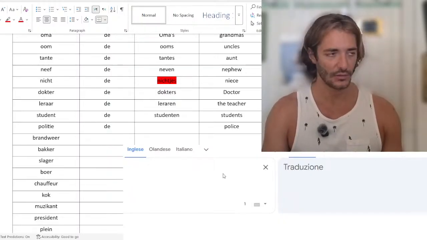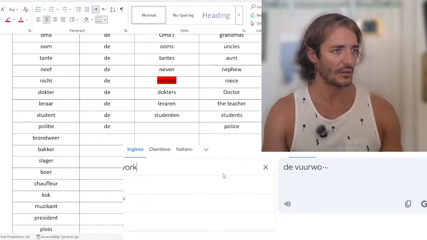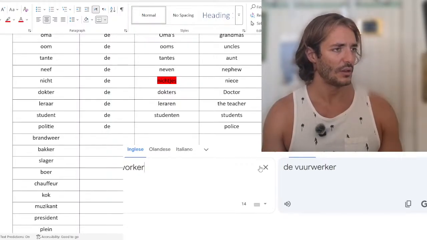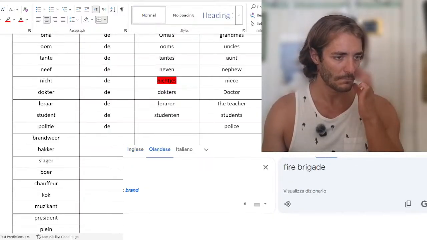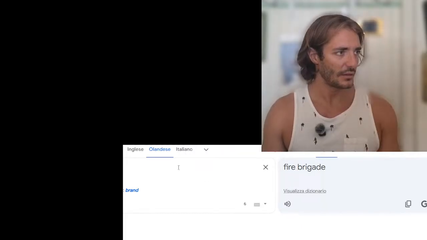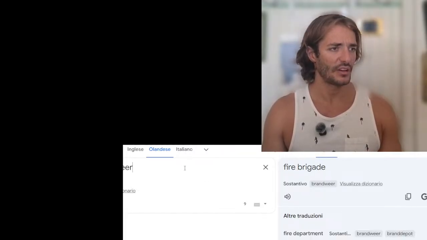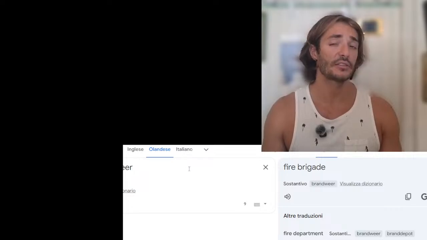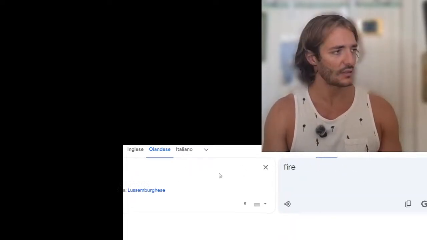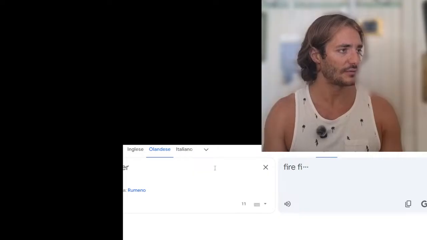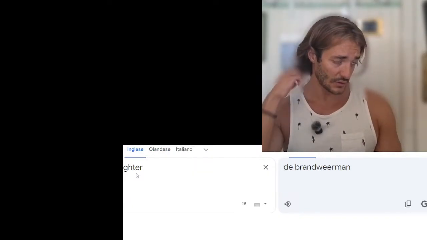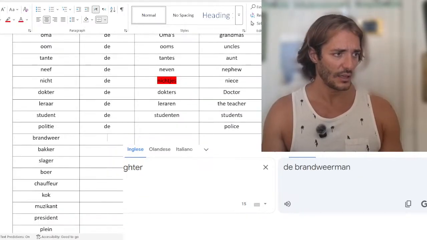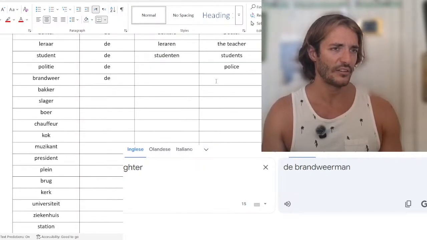Brandweer. Yeah, the fire brigade, the fire department, the firefighter. Yeah, firefighter. That's how you say it. So this is brandweer. This is probably the firefighting station.